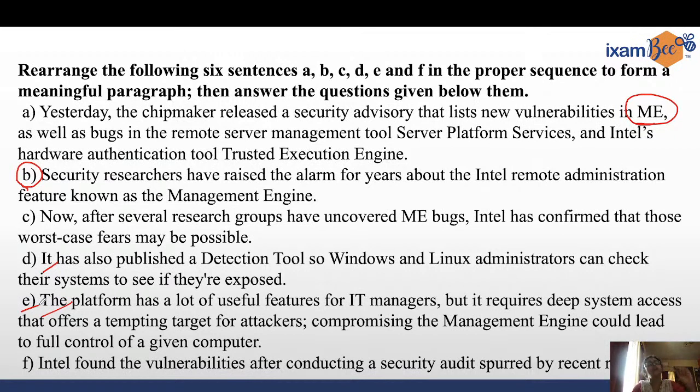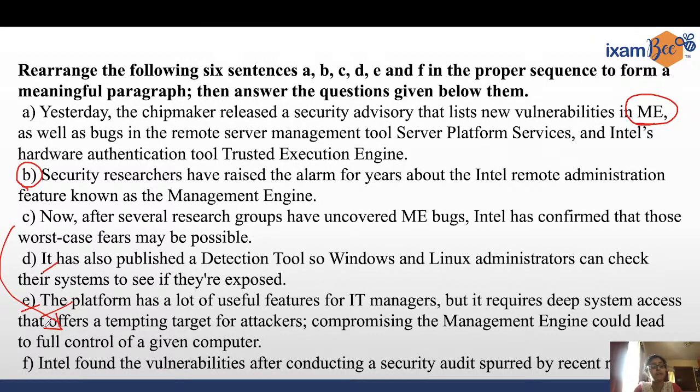So we are moving with the fears, the scares, the possibility of a compromise. Look at C now. "After several research groups have uncovered ME bugs, Intel has confirmed that these fears", getting full control of a computer, a tempting target for attackers, "might be true."